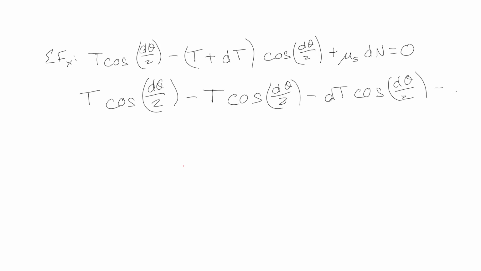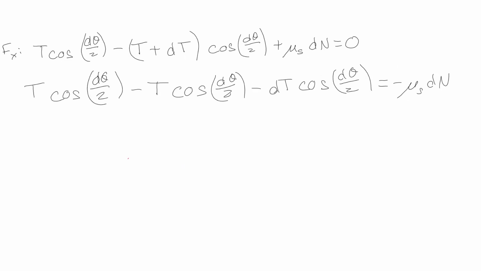And we'll say that is equal to negative mu s dn. Okay, so clearly, these cancel out. These cancel out in red because it's better. And so I end up with dt cosine d theta over 2 is equal to mu sub s dn.